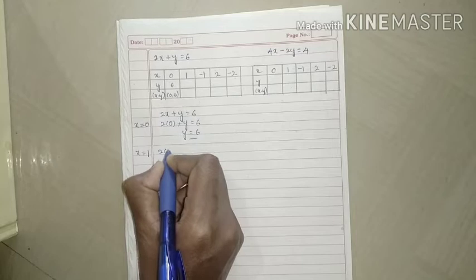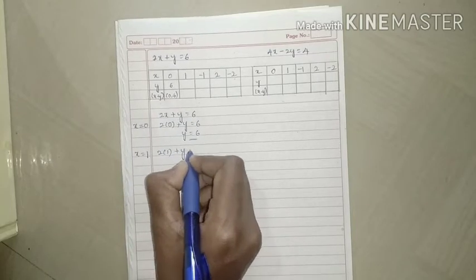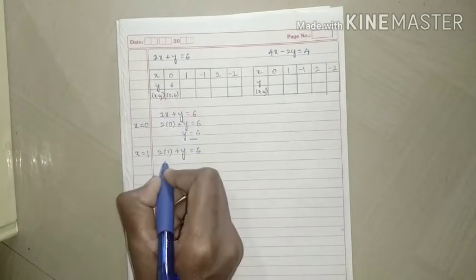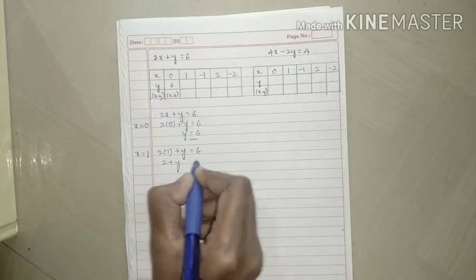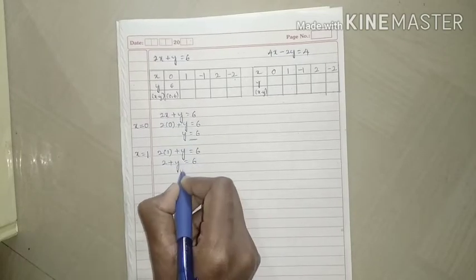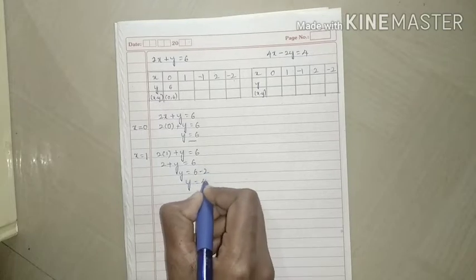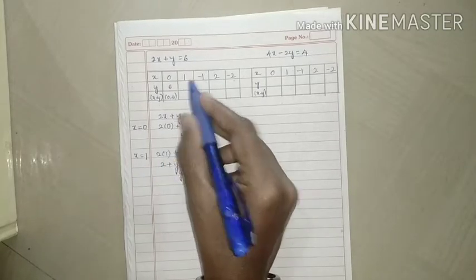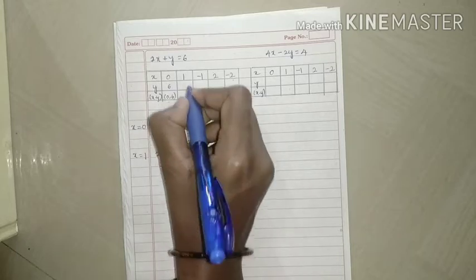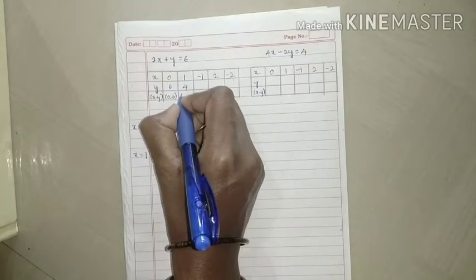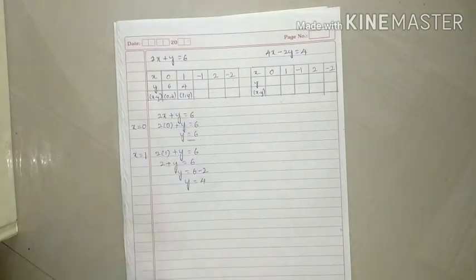So 2 into 1 plus y is equal to 6, that is 2 plus y is equal to 6. So y is equal to 6 minus 2, so y is equal to 4. When x is 1, the y value is 4. So the point is 1, 4.